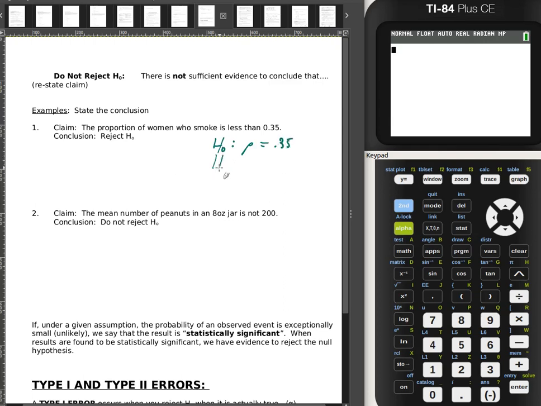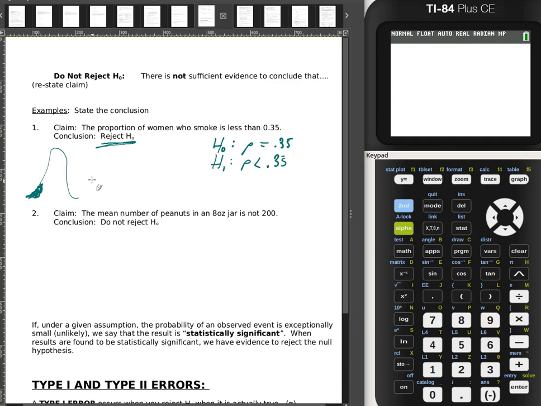The alternative, which is what we're testing, is that it's less than 0.35. So we're doing a left tail test, since it says less than. We don't know any other information about the level of significance, but clearly we took a sample of women, and based on our sample, we have decided to reject the null hypothesis.